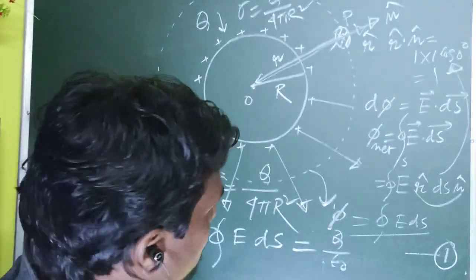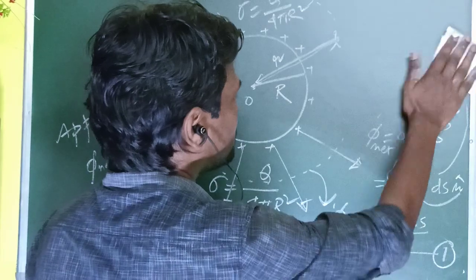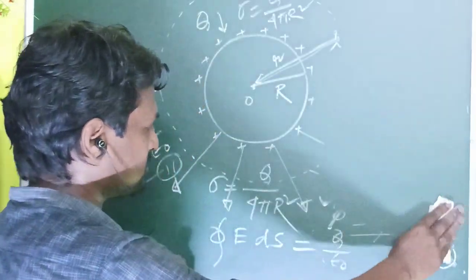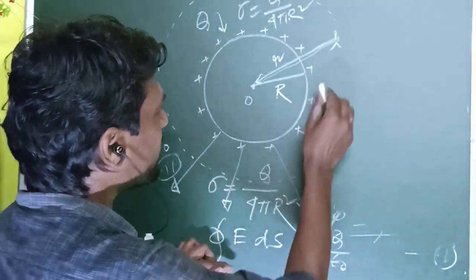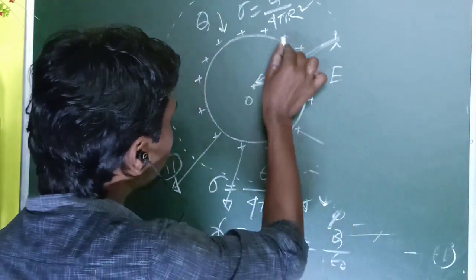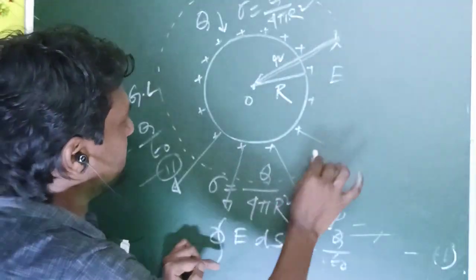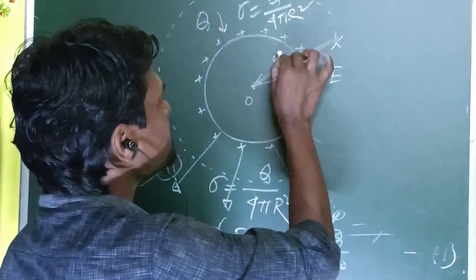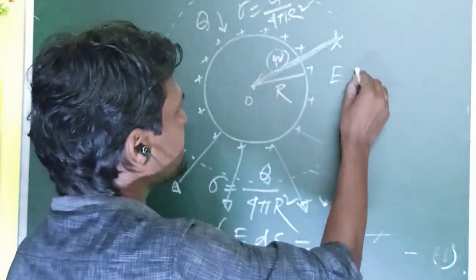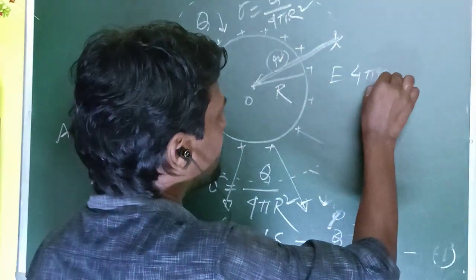If we integrate over that particular surface, since the radius is r, the surface area is 4 pi r square.